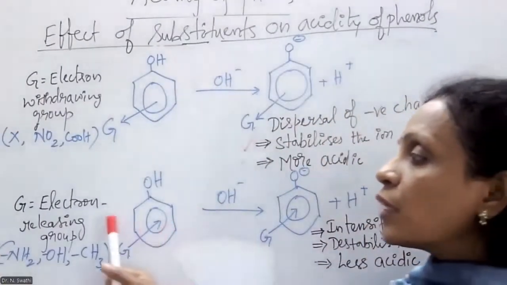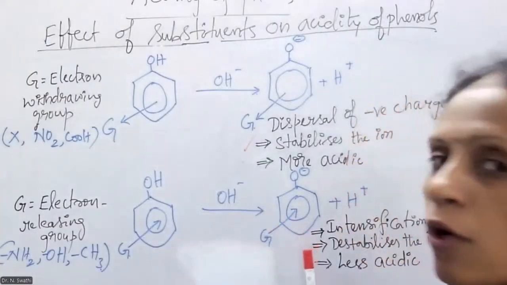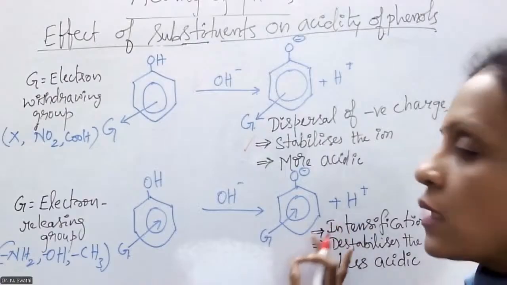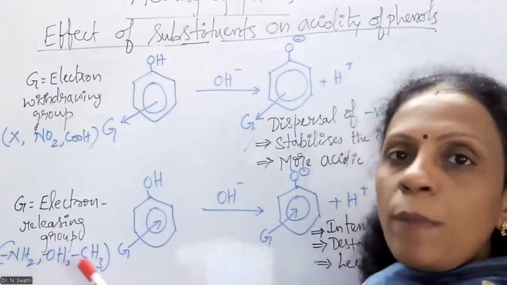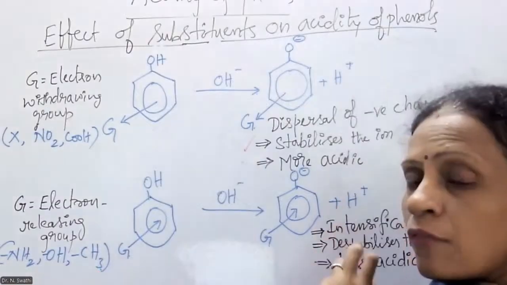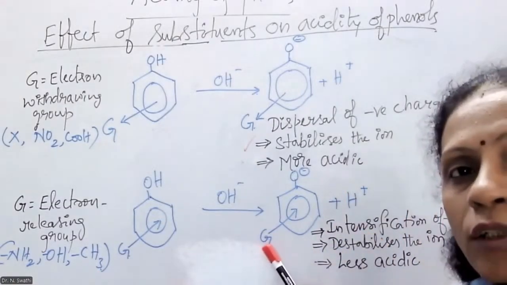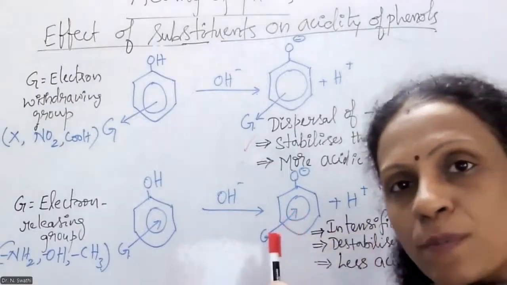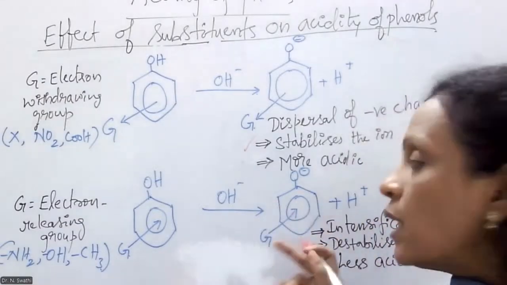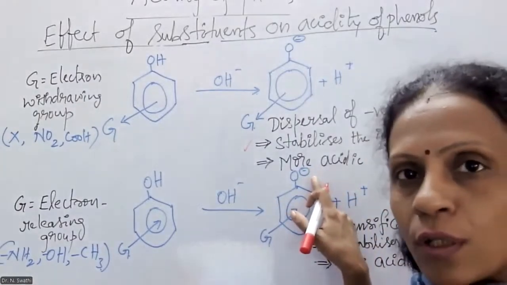On the other hand, whenever electron donating groups are present, those molecules also give the corresponding phenoxide ion, but the resulting ion is destabilized. Amino group, hydroxyl group and methyl groups are examples of electron donating groups. The phenoxide ion is already holding the negative charge. Electron releasing groups are nothing but electron donating groups. That means they will donate their electrons towards the ring system, which is already having the negative charge because it is a phenoxide ion.